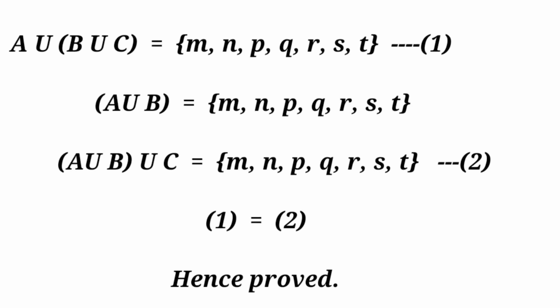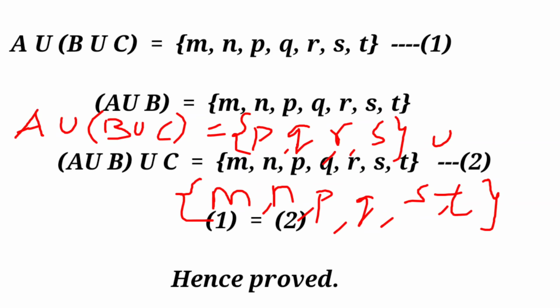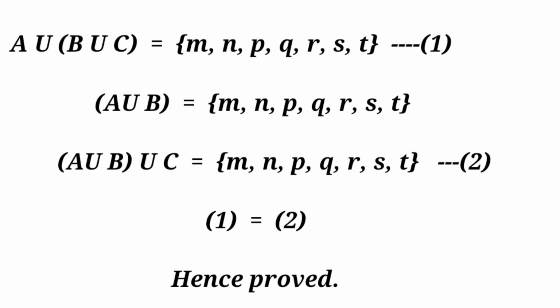Then A union (B union C) is equal to {P, Q, R, S} union {M, N, P, Q, S, T}. Therefore A union (B union C) is equal to {M, N, P, Q, R, S, T}. That is equation number 1.